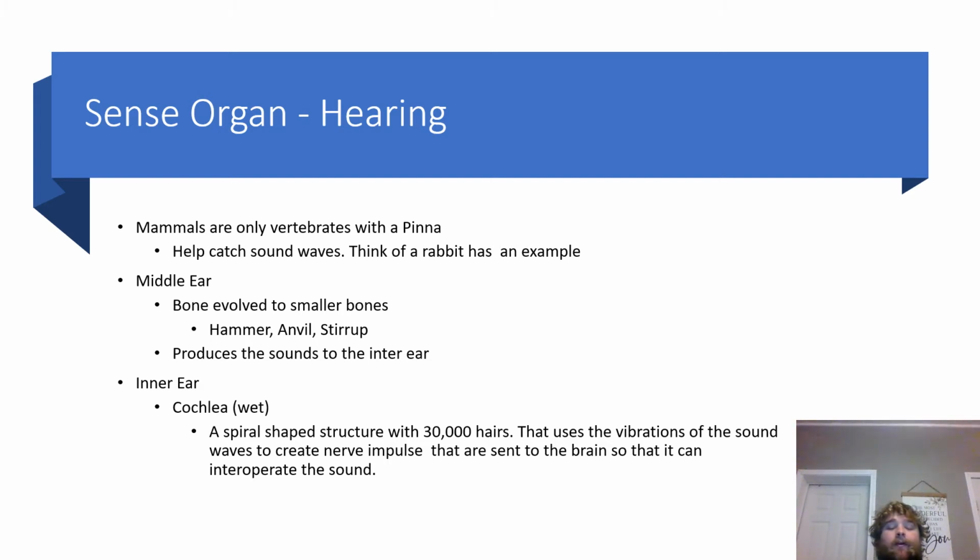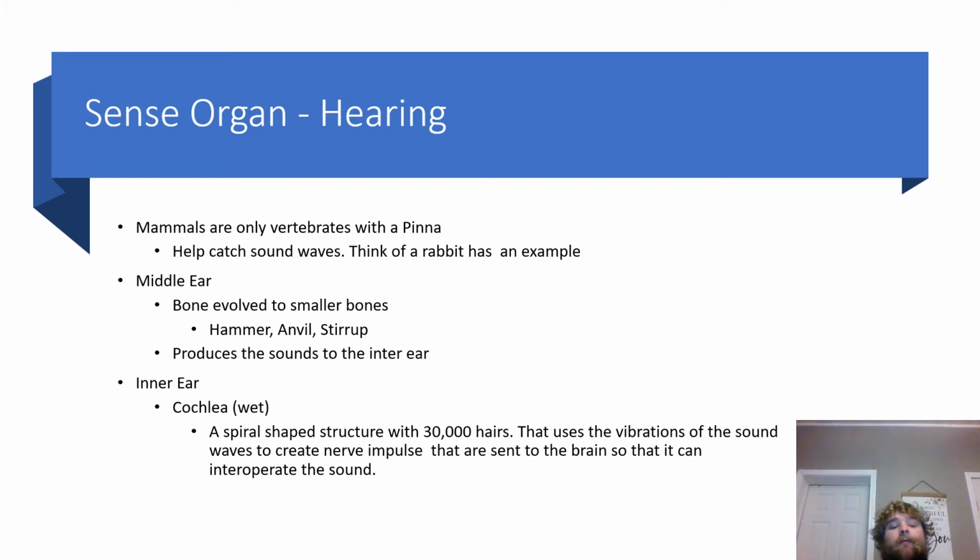If you can picture a rabbit, or even a cartoon rabbit, it's very blown out of proportion in cartoons, where a rabbit will have these massive ears. Well, that is unique to mammals. Not all mammals have that, but that is unique to mammals. And you can feel your own ear as a human, and that, again, is unique to mammals.